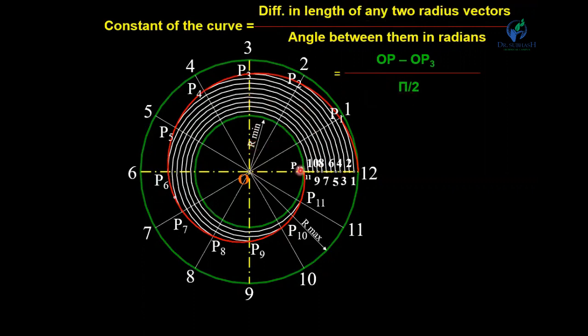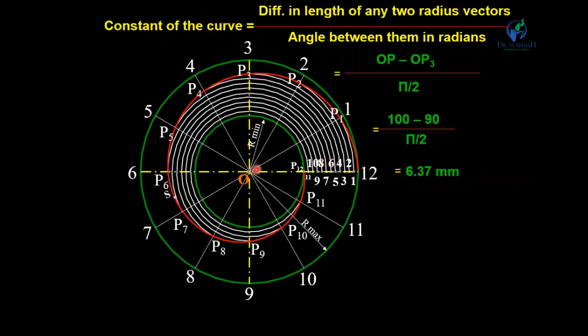So angle between these two radius vector is pi by 2. Okay, so length of OP is 100 mm and we have to measure this length OP3 is equal to 90 mm. So the constant of this curve is equal to 6.37 millimeter.